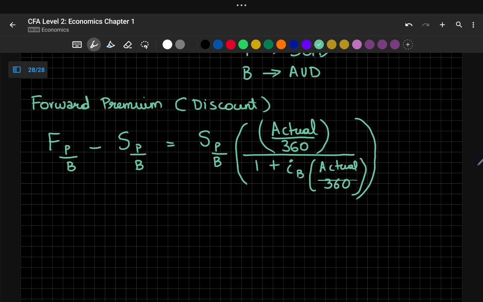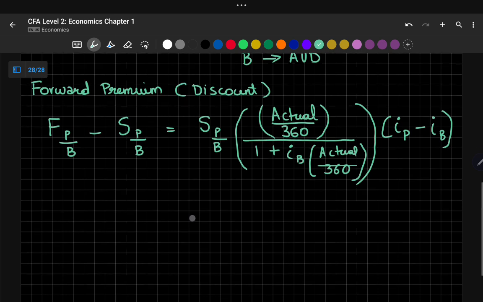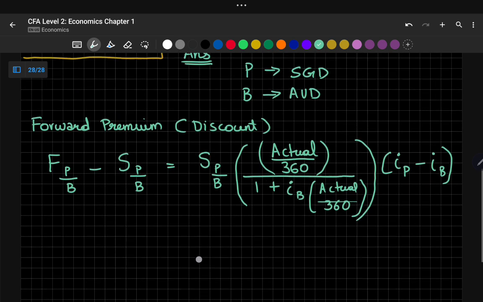Now this is multiplied with the risk-free interest rate of the price currency minus the risk-free interest rate of the base currency. So this is the equation.